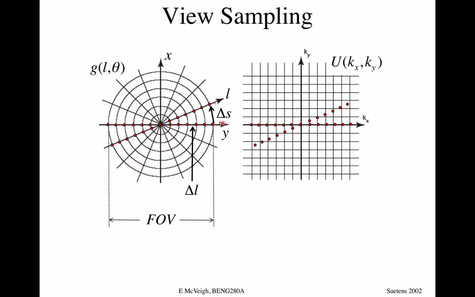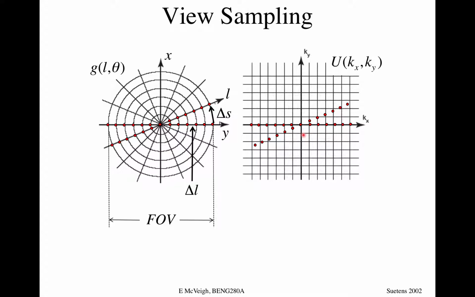Another way to think about it is, suppose instead of thinking about it in this polar space, we look at what's going on in Fourier space. We know from the projection slice theorem that in Fourier space, the Fourier transform of this projection sits here, and the Fourier transform of this projection sits here. If we want to adequately invert this function with an inverse Fourier transform to go back to our picture, we need to interpolate the data that we've measured onto this rectilinear grid.